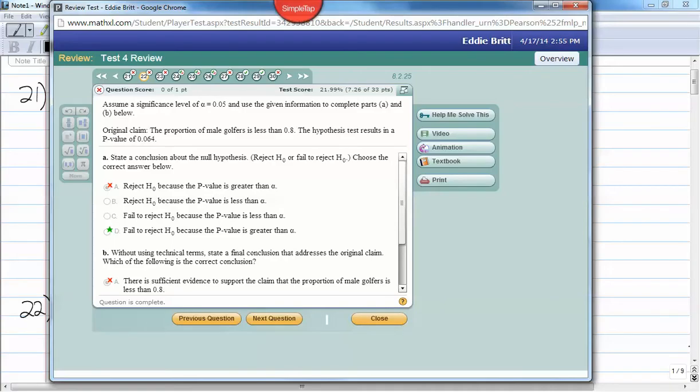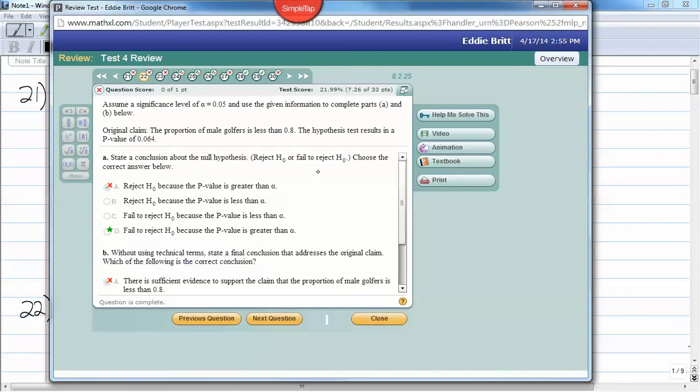Now, state a conclusion about the null hypothesis. And either we're going to reject H sub O, that's our null hypothesis, or we're going to fail to reject H sub O. That's our two options.